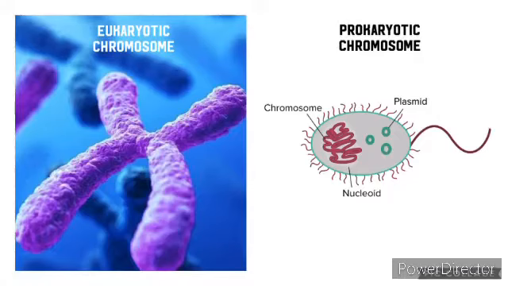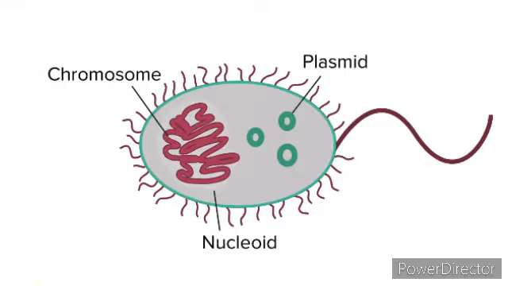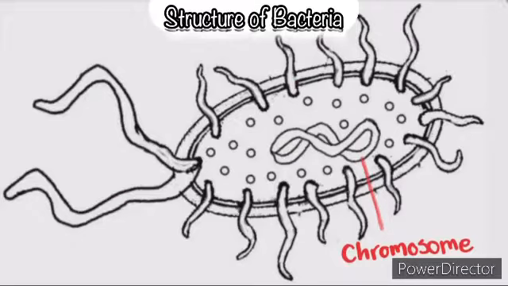As you can observe in this picture, there is a big difference between the chromosomes in eukaryotes and the chromosomes in prokaryotes. The chromosomes in prokaryotes are basically one large central chromosome in an area called the nucleoid. That's it. However, many prokaryotes have a smaller piece of DNA which also has a circular arrangement, which is called a plasmid. Now we're done with the chromosome, moving on to the next part.